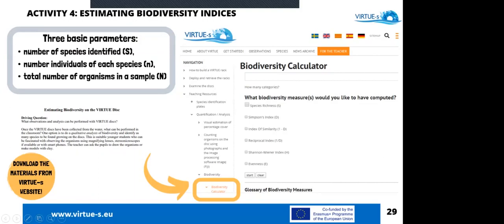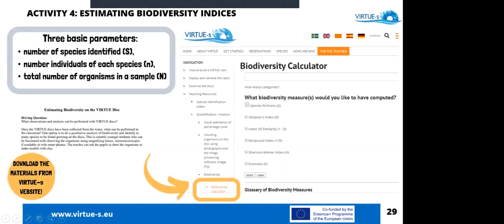As you know from Sally's webinar of last week, the estimation of biodiversity indices is based on 3 parameters: the number of species identified, the number of individuals for each species, and the total number of organisms in the samples.